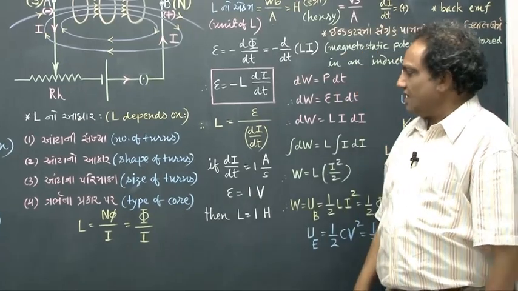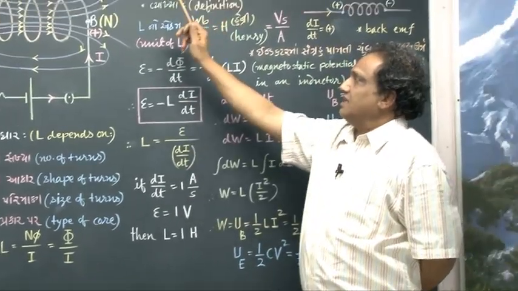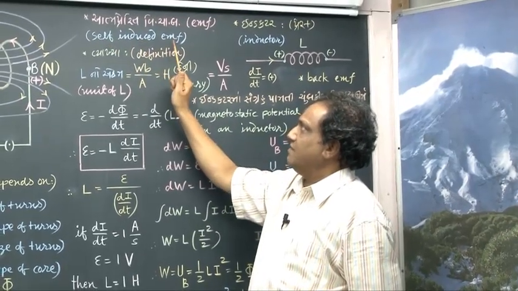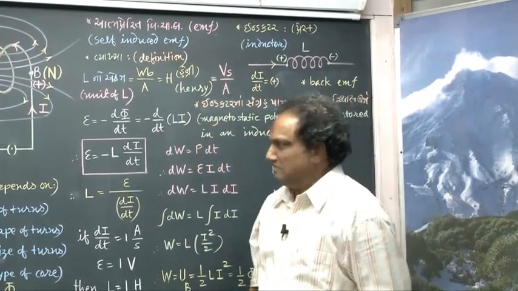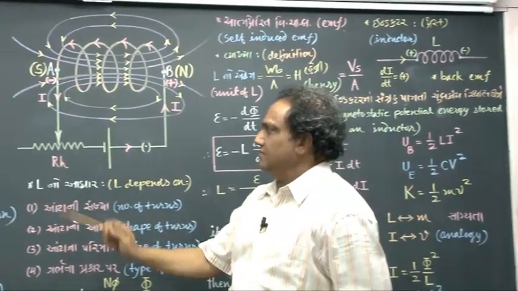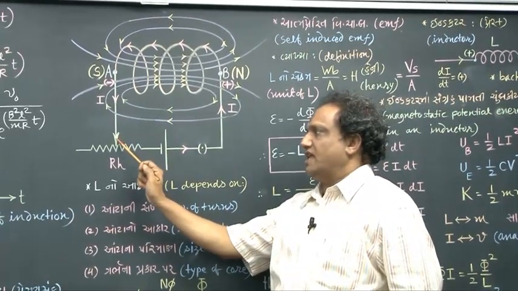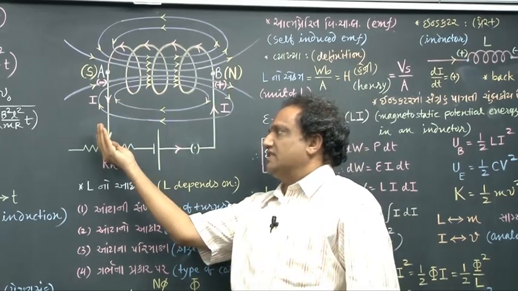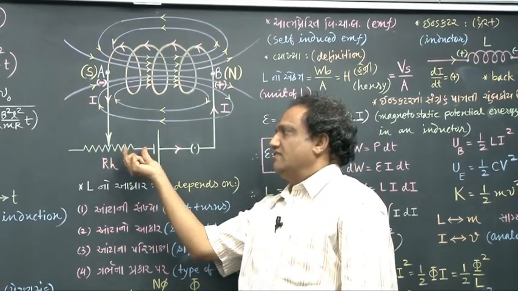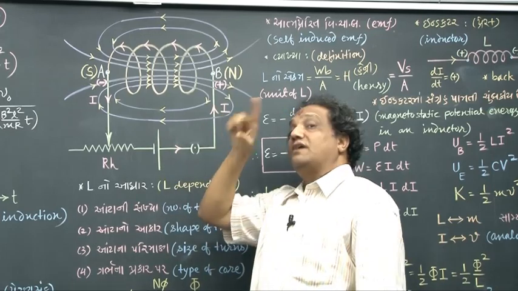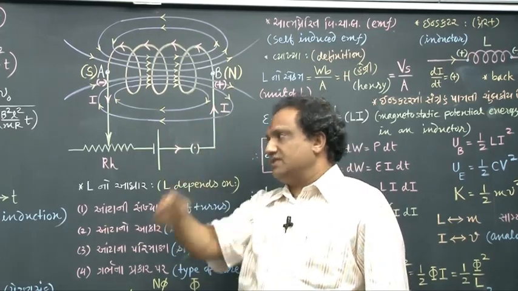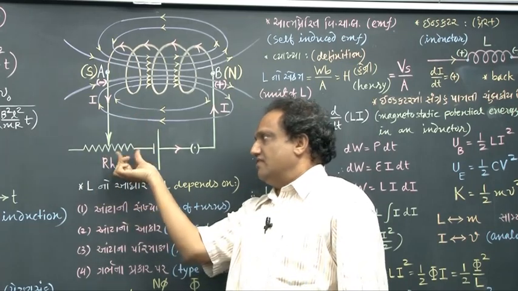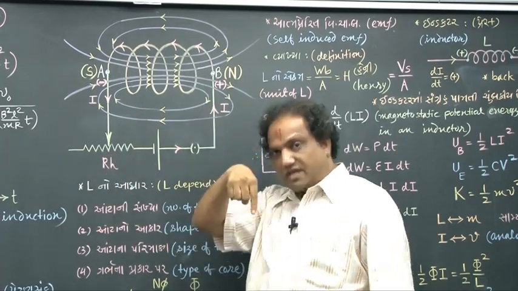Fine. Now, let us see the meaning of self-induced EMF. Okay. Just do one thing. You change the position of this variable terminal of this rheostat. If you slide it towards the right hand side, resistance will decrease, current will increase. Just the reverse: if you slide this terminal towards the left side, resistance will increase, current will decrease.